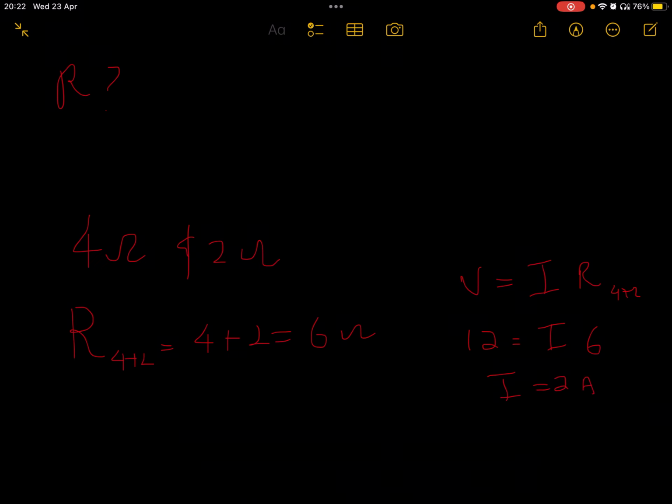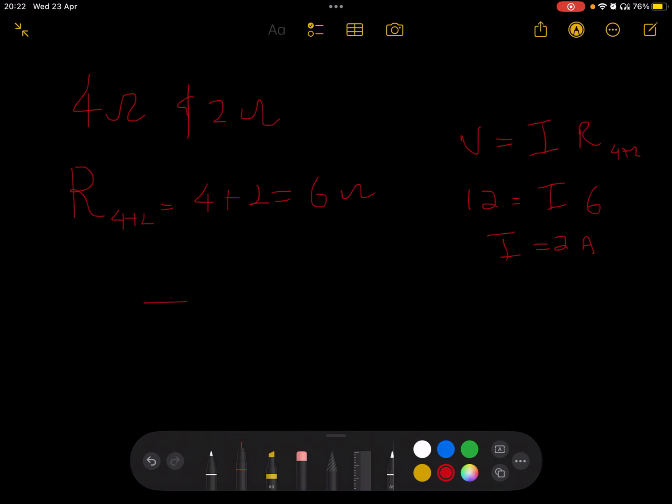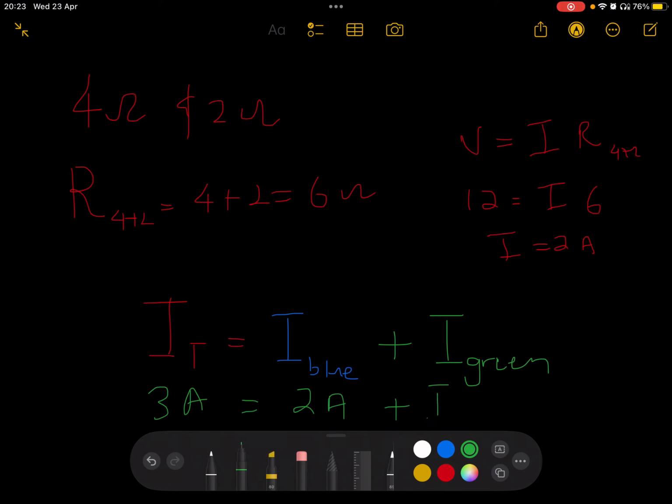Now, since this is 2 amperes, the current coming in totally gets split up to green and blue. Now, I blue, sorry for the name calling, plus I green will be equal to 3A, and the 2A is for blue, and you get I green.